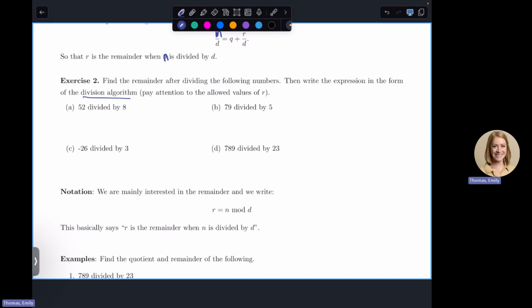So we have 52 is equal to some number times 8 plus a remainder. Plus 4. Well, you're forgetting ones. Maybe I should write those in the other order. Maybe that would be better.